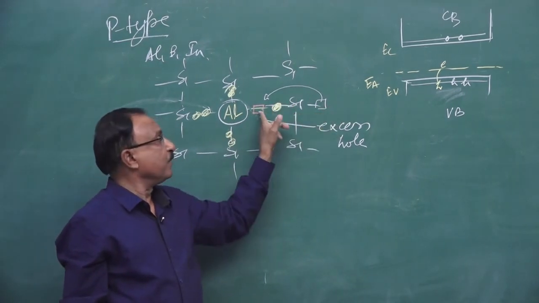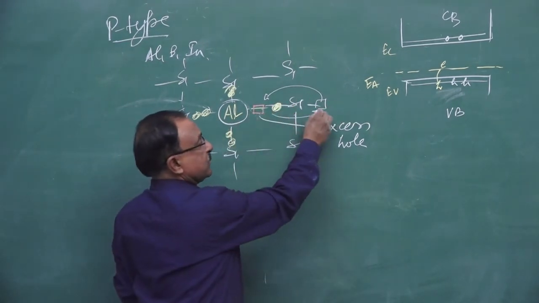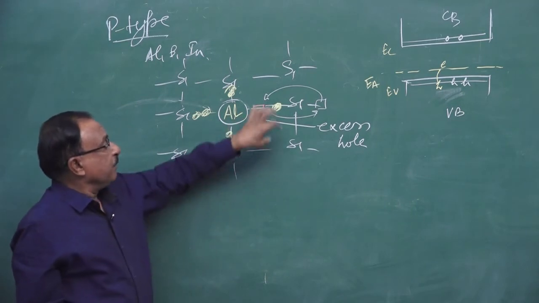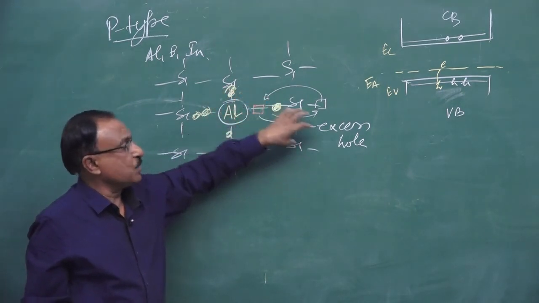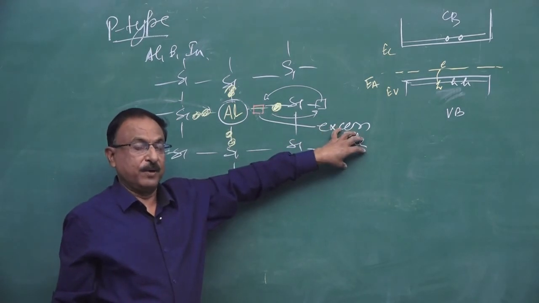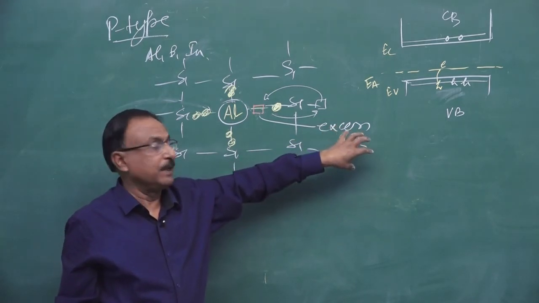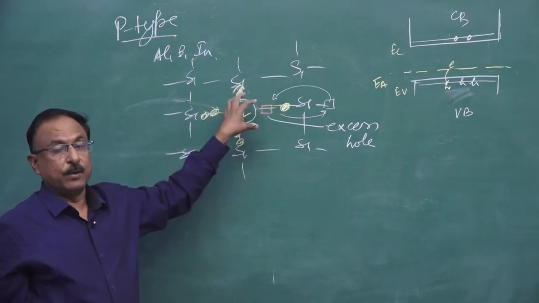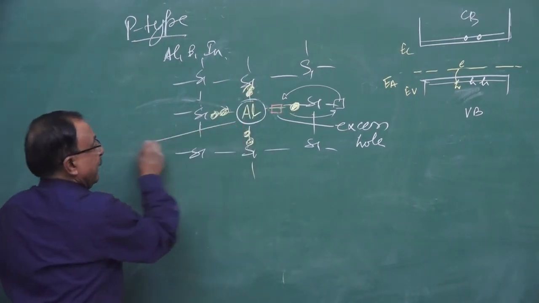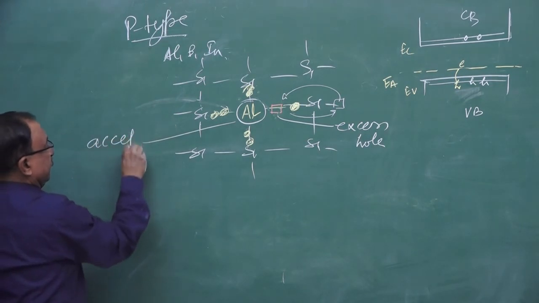The electron may come over here and the hole may shift to this side. So with every impurity atom, there is one excess hole available for conduction with a little amount of energy, and the impurity is now called an acceptor impurity.